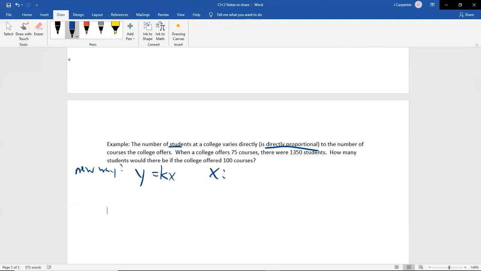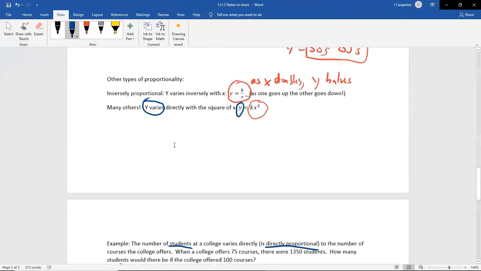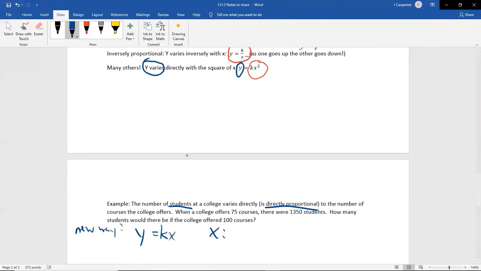So since the first thing they said is students and then the words varies or directly proportional, the more common scenario is that that's which the y should be, just kind of going with what I said up here. We said the thing before the word varies or proportional, whatever, that's what should be by itself. So let's go with that, even though this is completely interchangeable.